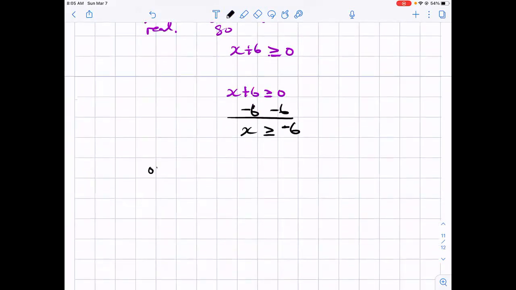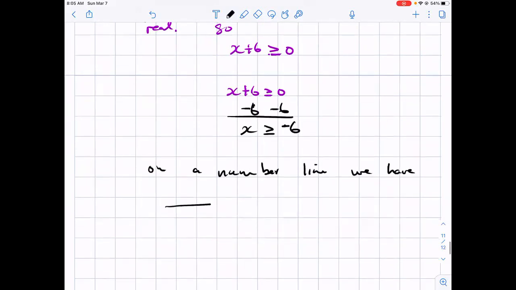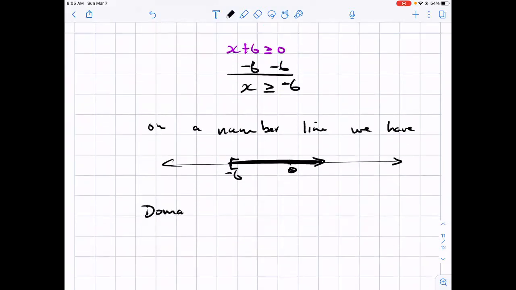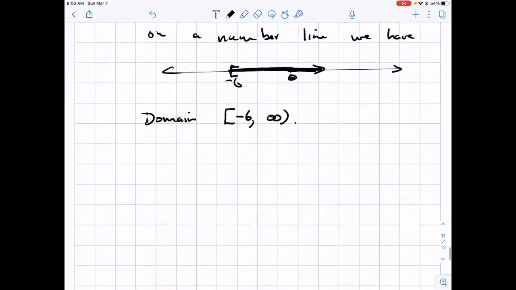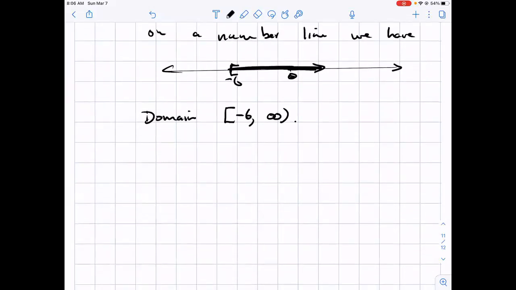So on the number line, from negative 6, greater than or equal to, everything on this side will work. So the domain is from negative 6 to infinity. That's our domain. So we want to make sure that we try these things and put a good effort into observing how we find the domain.